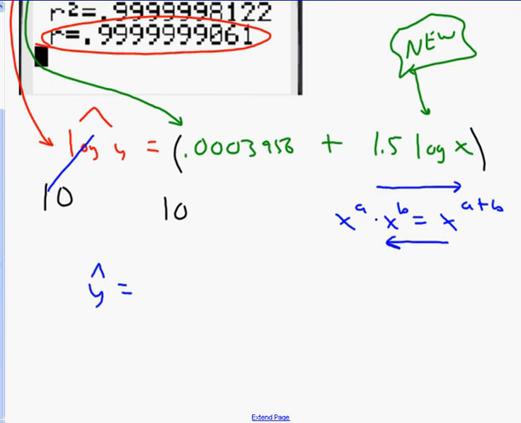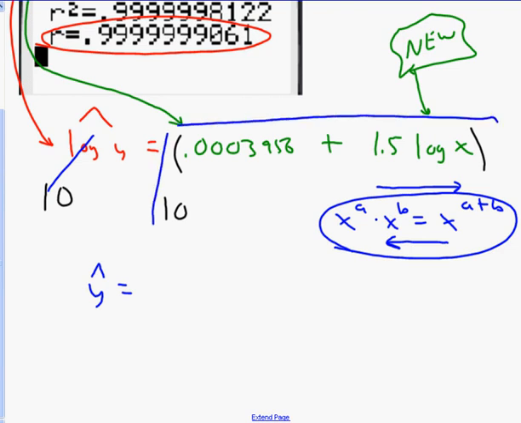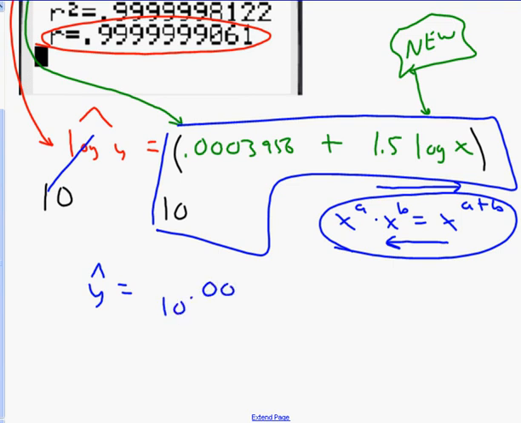So the question you should think about is, how can we use this rule backwards, as I put it, to rewrite this side of the equation? So here's what we can do. We can say 10 to the 0.0003956 times 10 to the 1.5 log x.